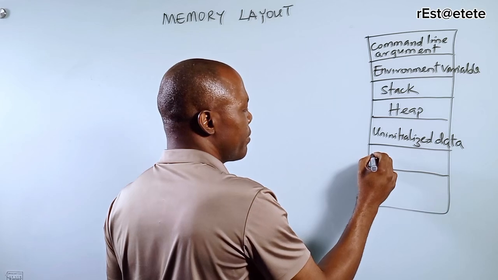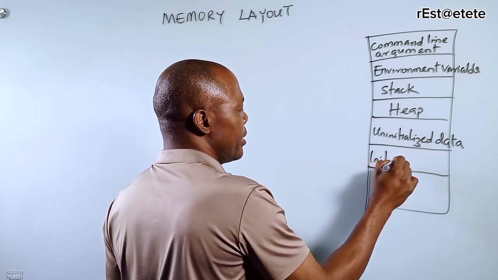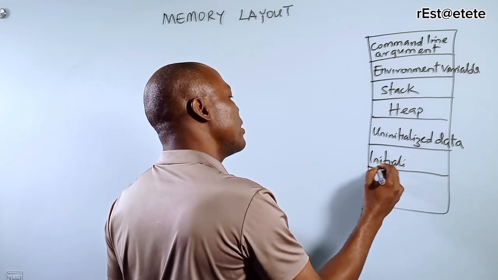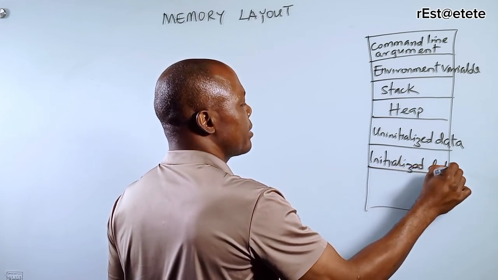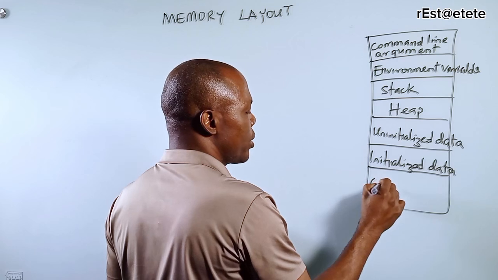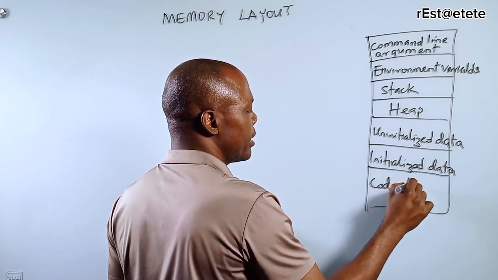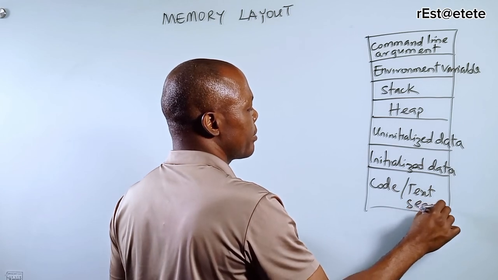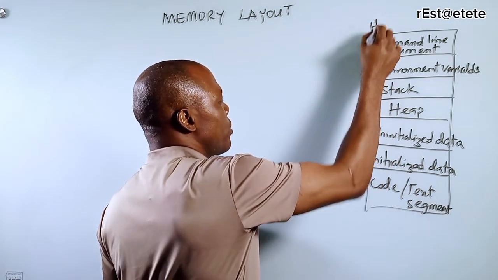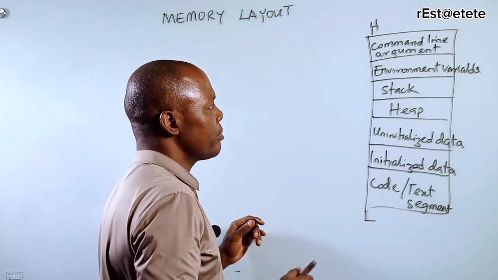Then here we have the initialized data segment. And then here we have the code or text segment. So this is higher memory, this is lower memory.